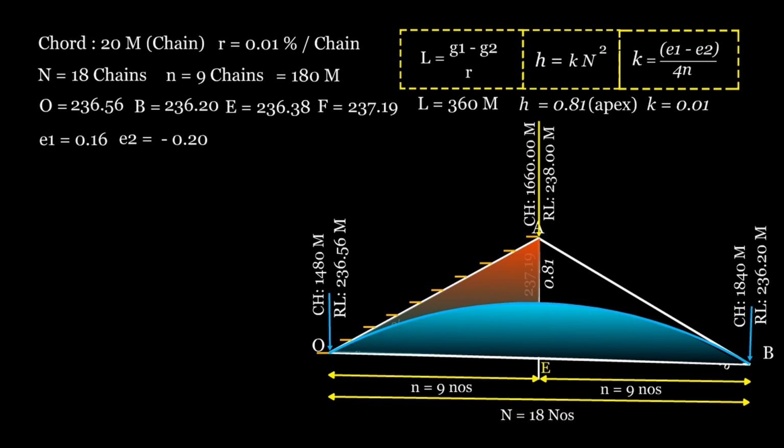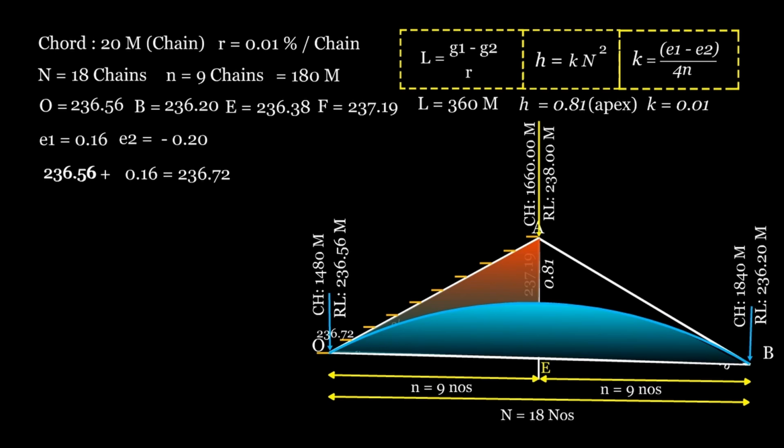Example for intermediate pegs. Tangent elevation. Tangent elevation for the first peg. RL value of 0.0 plus the value of E1, that is, RL of first peg equals 236.56 plus 0.16, which equals 236.72 meters. Tangent elevation for the second peg.